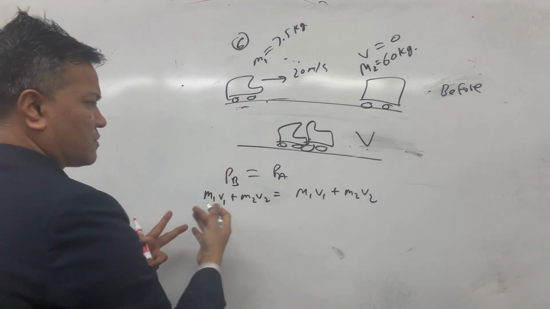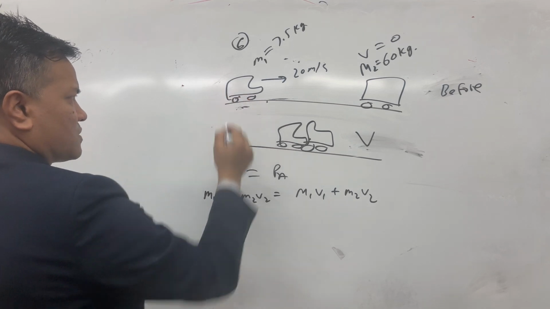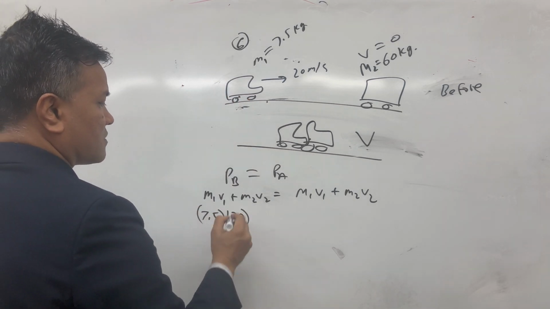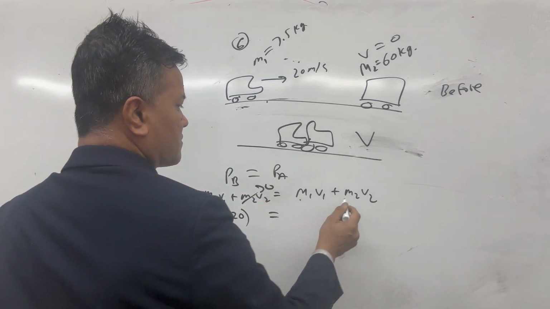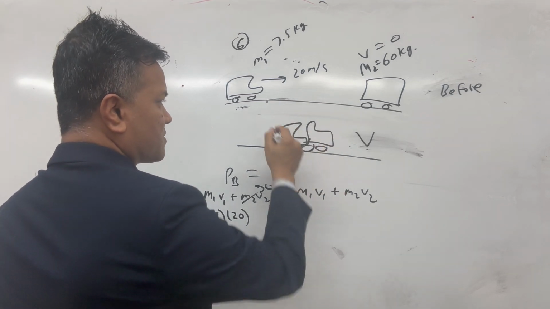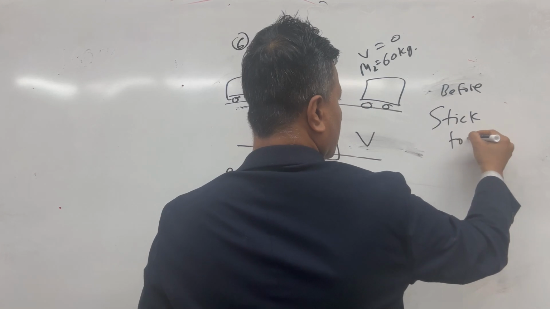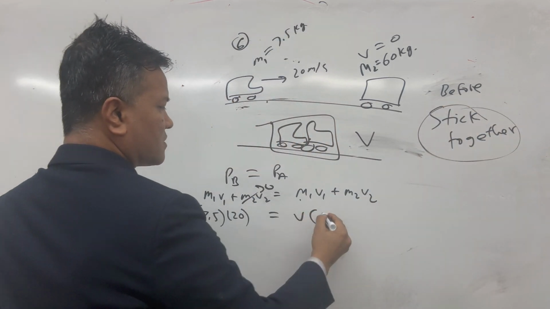The picture will allow you to make the correction. This one is in motion, so this is 7.5 times 20. This one is at rest, so this is 0. m1 and m2 have different masses, but they stick together. When they are stuck together, they have the same velocity.